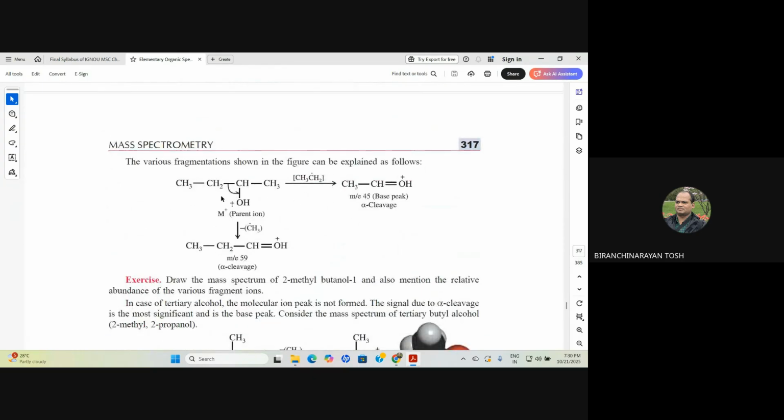You can see CH3CH2CHCH3OH plus parent ion, which will decompose by CH3CH2 free radical removal. So we'll get CH3CH=OH plus, 45, the base peak from alpha cleavage. And at 59, one methyl group is lost, giving CH3CH2CH=OH plus. So we are getting two peaks, 45 and 59.